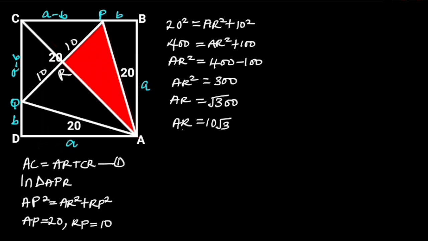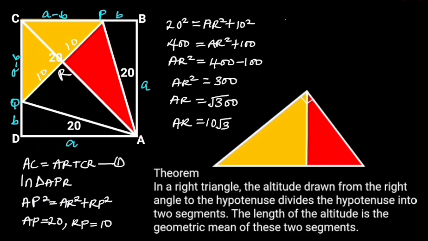To find CR, let's consider triangle CPQ. Triangle CPQ is a right triangle, and CR is an altitude drawn from the right angle at C. To find CR, let's consider the inscribed similar right triangles theorem. It states that, in a right triangle, the altitude drawn from the right angle to the hypotenuse divides the hypotenuse into two segments. The length of the altitude is the geometric mean of these two segments.